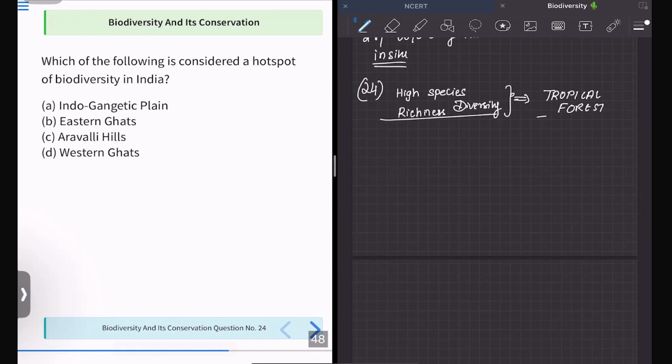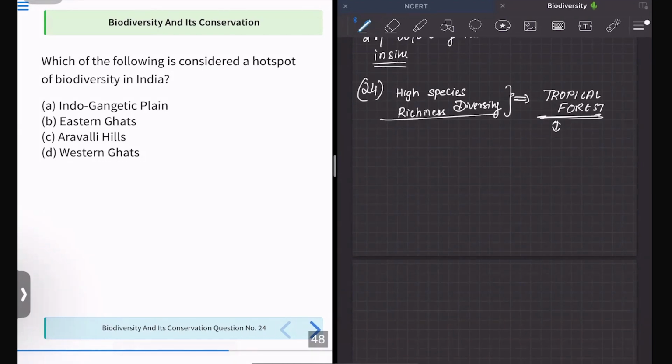Why? Because the tropical rainforest has a high amount of light and a suitable temperature, which allows the habitat to grow. And as the habitat grows, all the species also tend to grow. So we have to find the example of tropical forest in the options A, B, C, D.